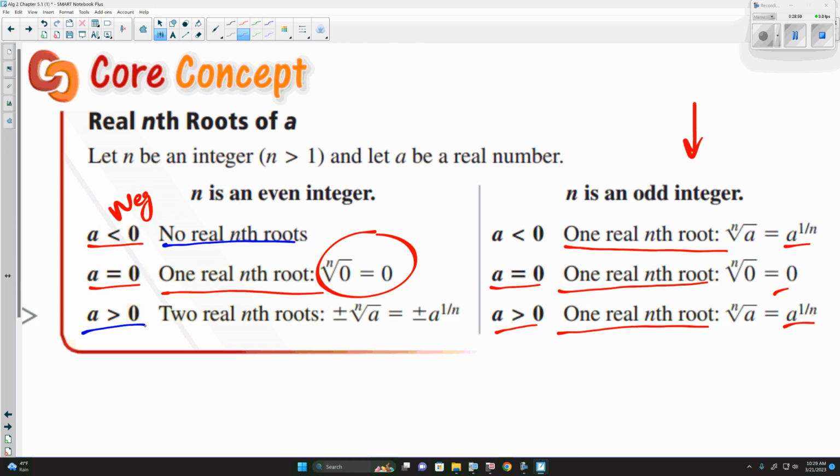Now, if we take the even root of a positive number, we get two real roots. So we have to add the plus or minus in front of it. So the only one that we really have to pay attention to is if it's an even root and the number inside is positive.